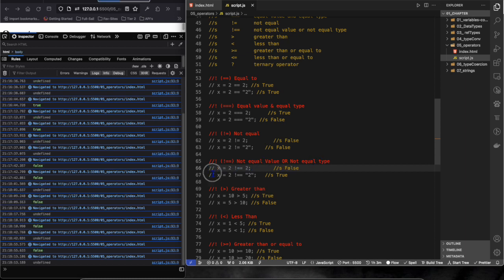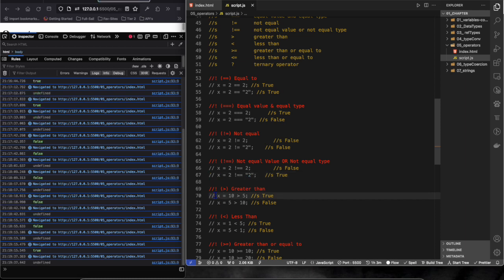Now the next one with a string, we have x equals 2 and then it's not equal to a string of 2, and this will come up as true because it's not equal type, so that would be considered true.